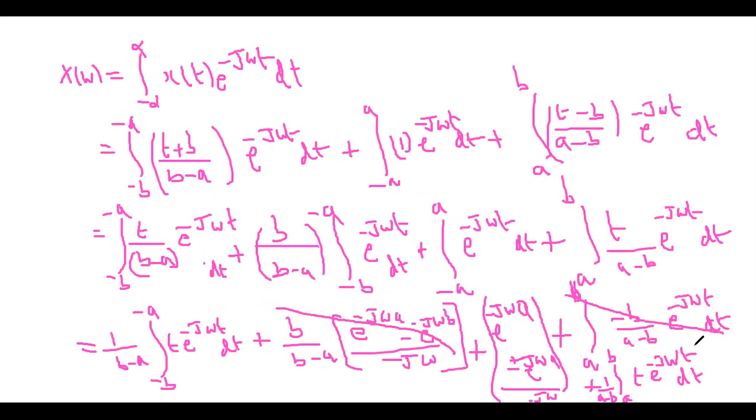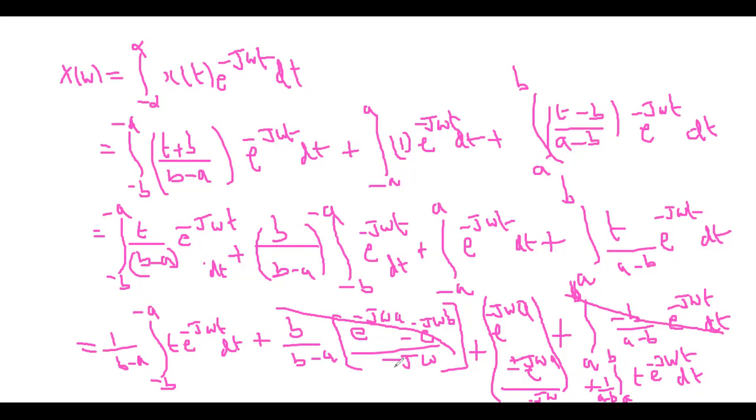And the remaining functions, we have only 1 by b minus a, t into e power minus j omega t, and 1 by a minus b, t into e power minus j omega t dt.